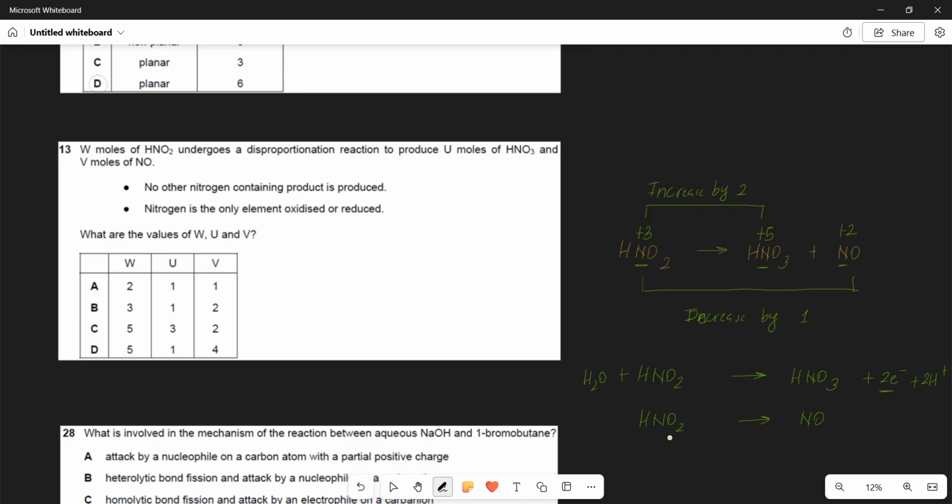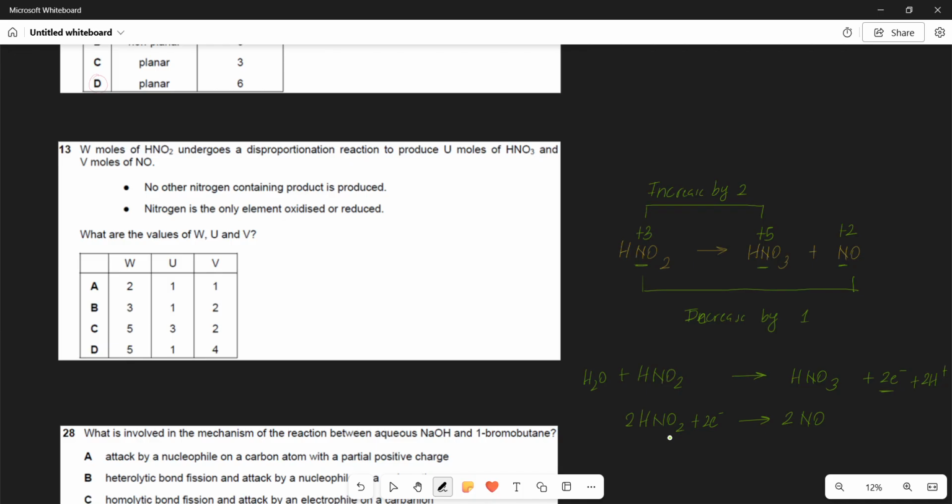From plus 3 to plus 2, it's a gain of only 1 electron. So I need 2 moles of HNO2 becoming 2 moles of NO, so it gains 2 electrons. It's balanced now. Now I need to balance the oxygen and hydrogen.